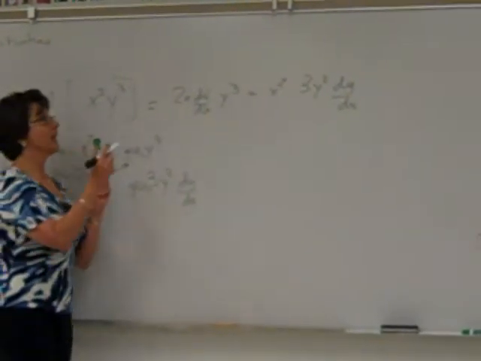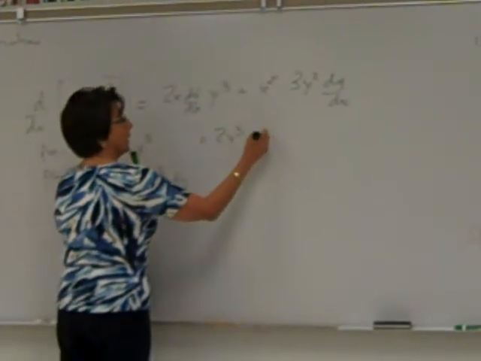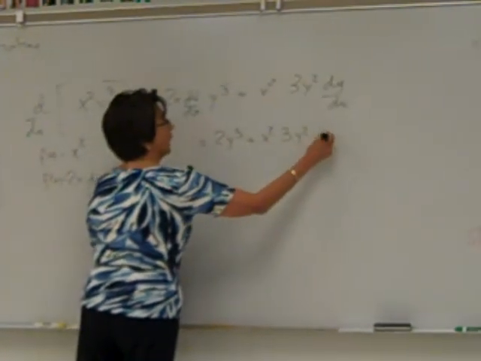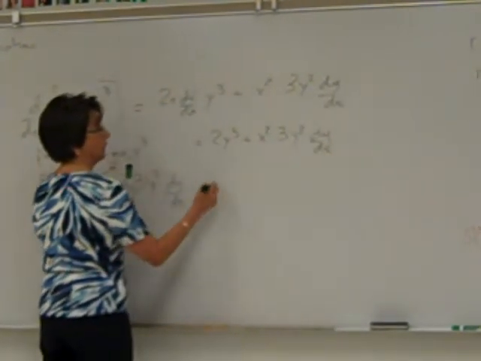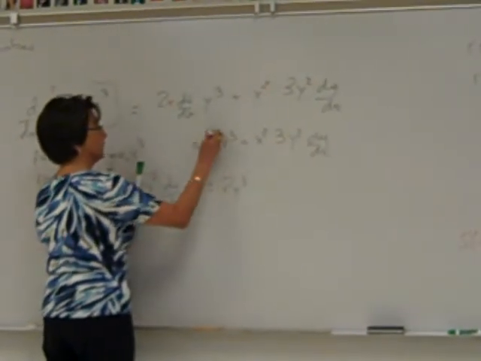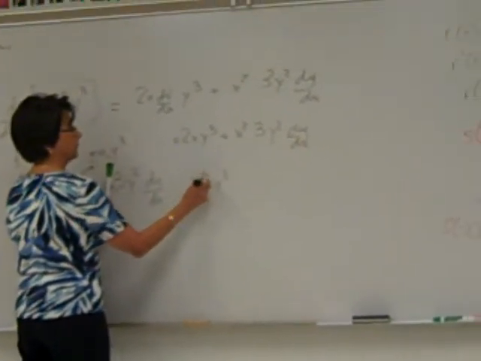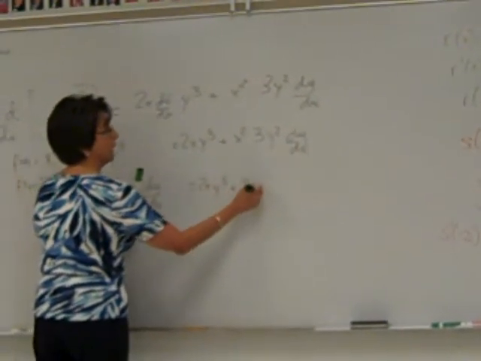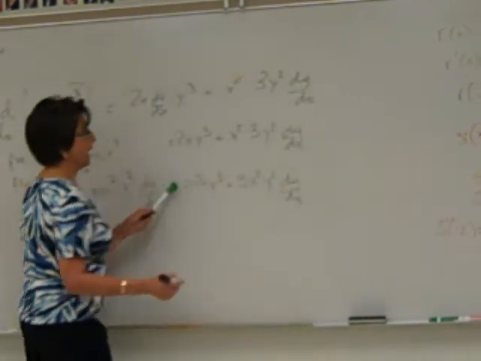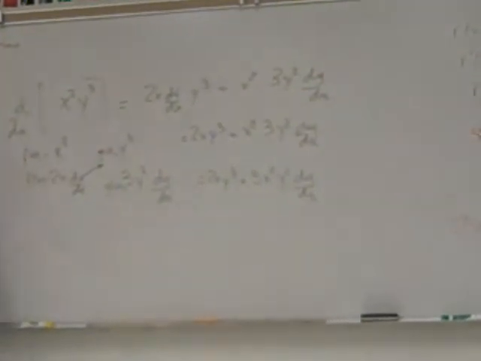So my answer is going to be 2y to the third plus x squared times 3y squared dy over dx. So I'll rewrite it better. 2x y to the third, I forgot the x. Sorry. Plus 3x squared y squared dy over dx. That will be the derivative of this monomial. Can you see that? And these are the steps.